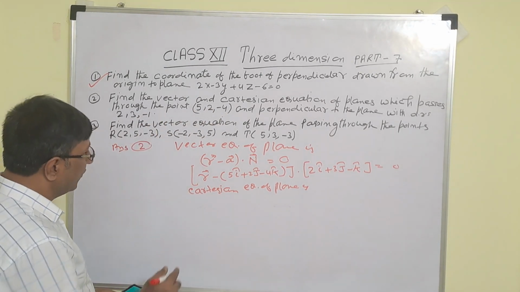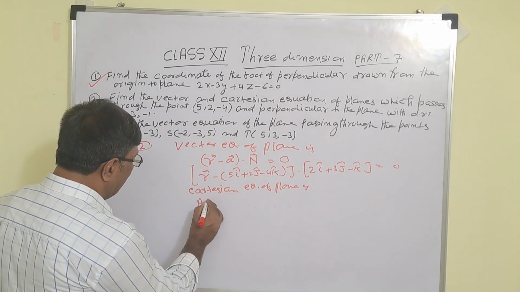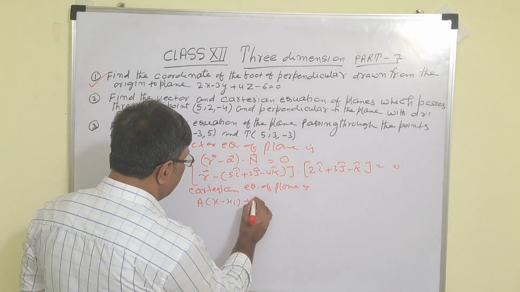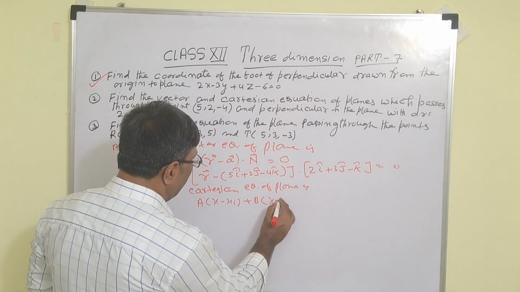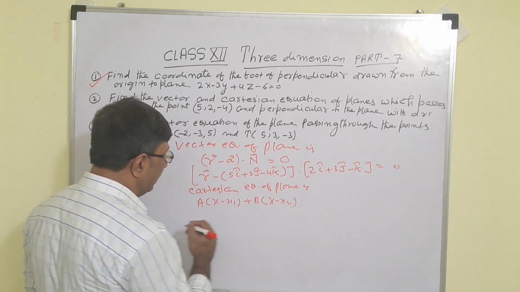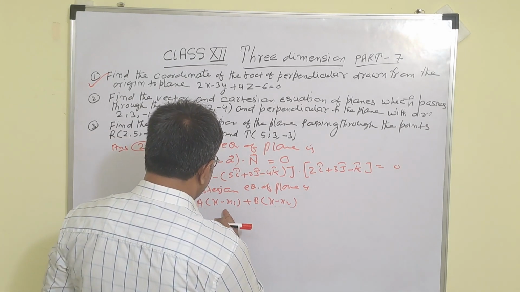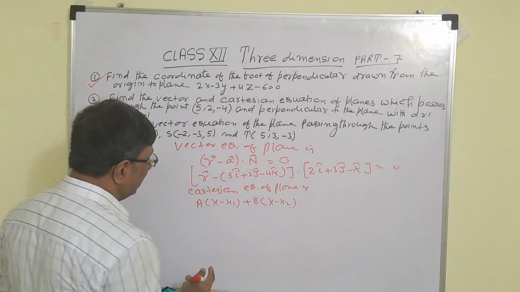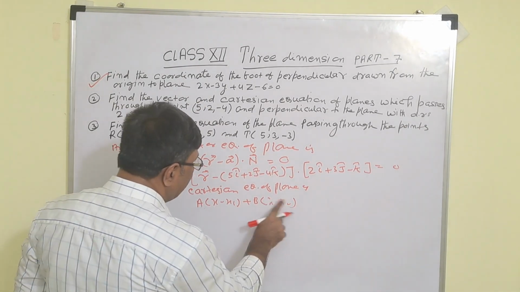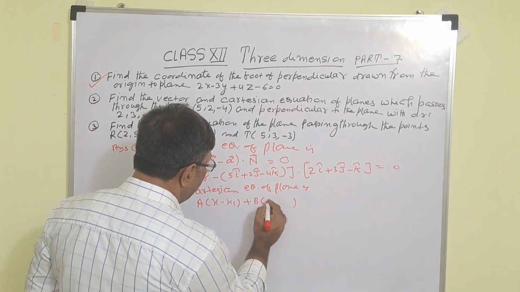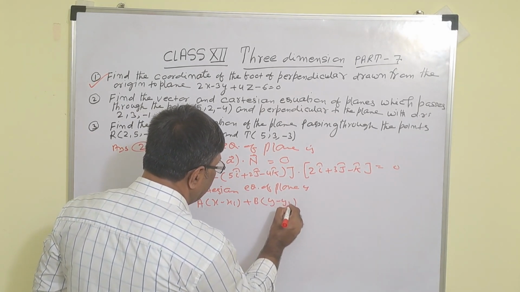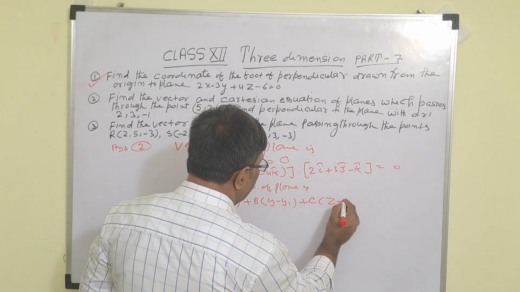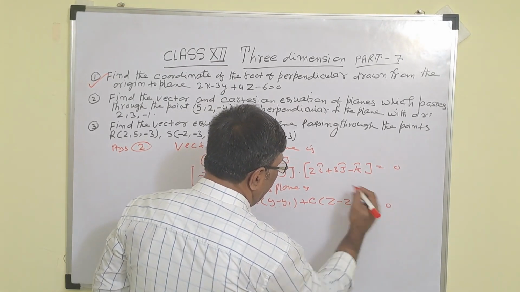So we have a formula: a into (x minus x1) plus b into (y minus y1) plus c into (z minus z1) equal to 0.